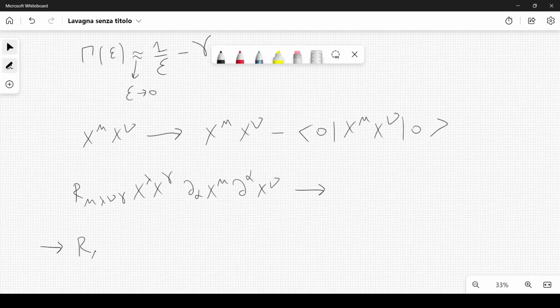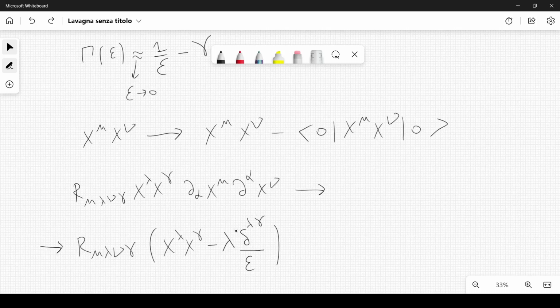So r mu lambda nu gamma, here we have x lambda x gamma minus the vacuum expectation, which is proportional to that divergent term. So we are going to put the proportionality constant, lambda, and then we know that we get delta lambda gamma divided by epsilon. So maybe this constant here should not be called lambda because it could be confused with this lambda here in the Kronecker delta.